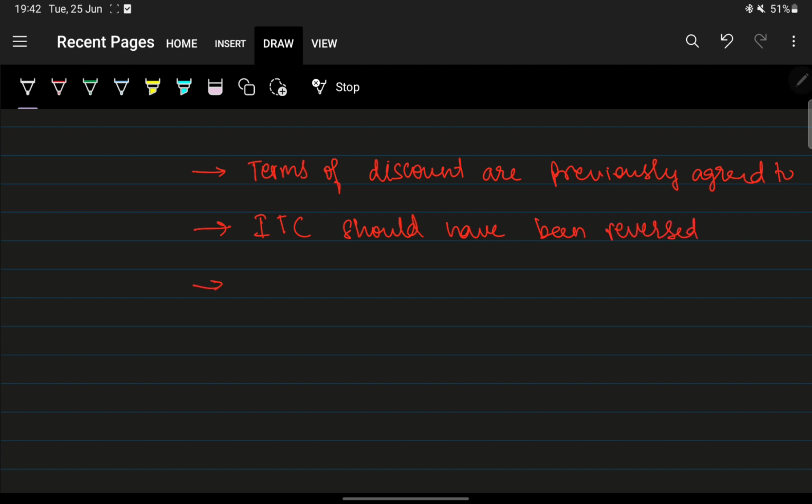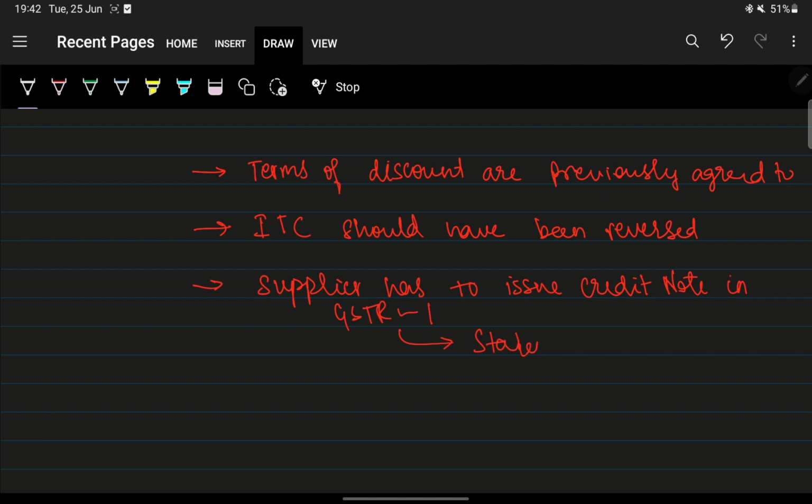Right, and the supplier has to generate, or upload, credit notes. Okay, he has to issue credit notes in his GSTR1. Okay, what is GSTR1? GSTR1 is the summary of outward supplies, or statement of outward supplies.